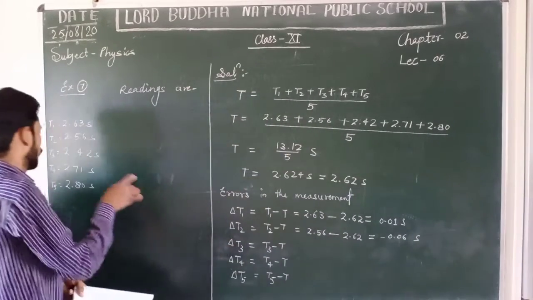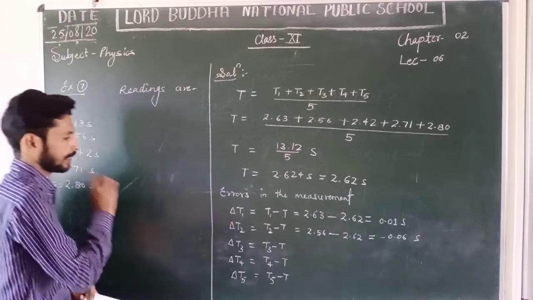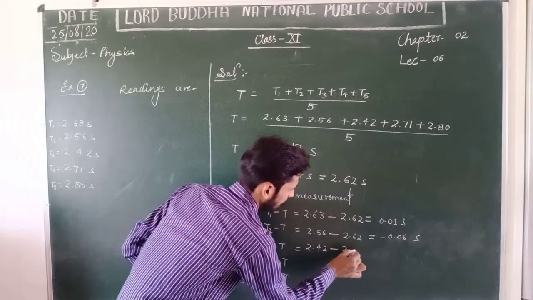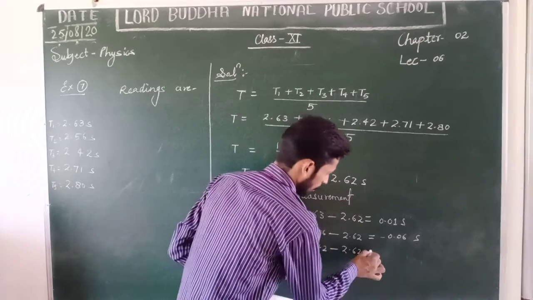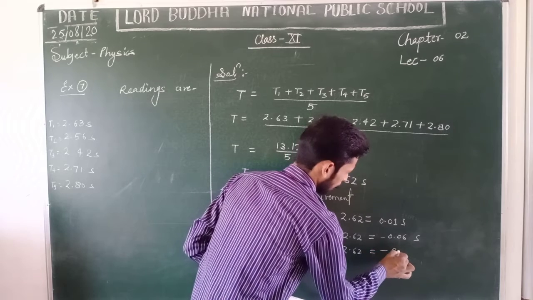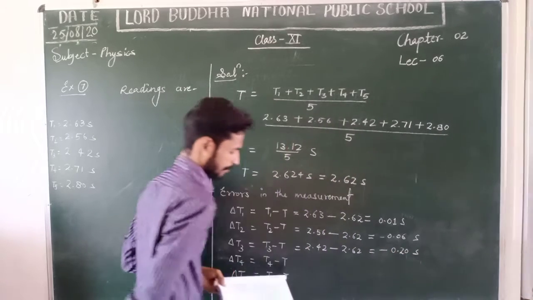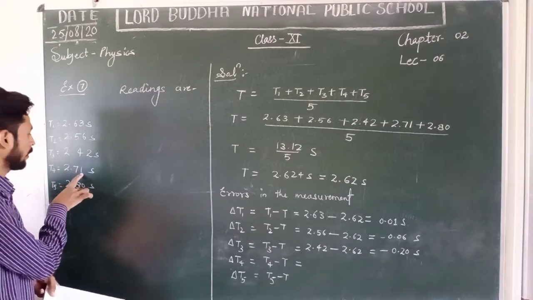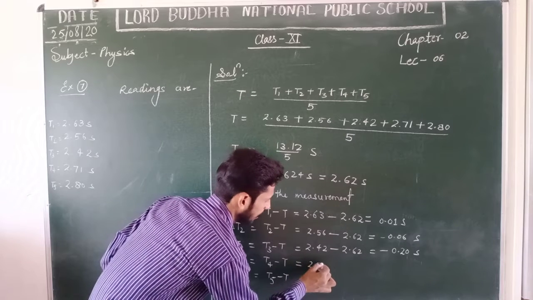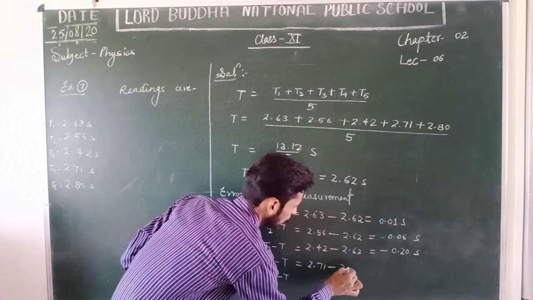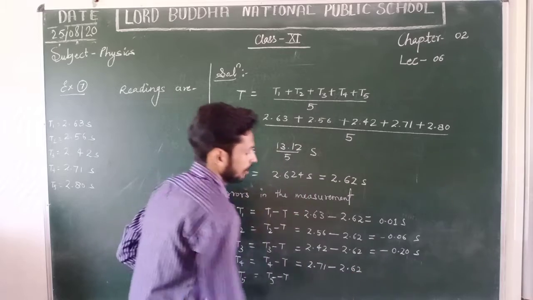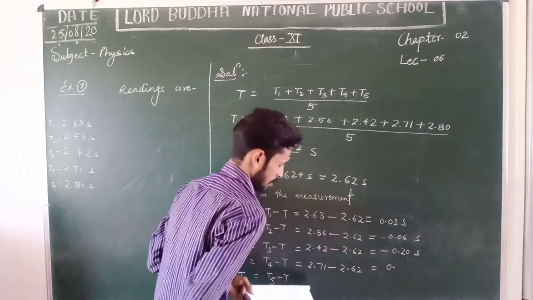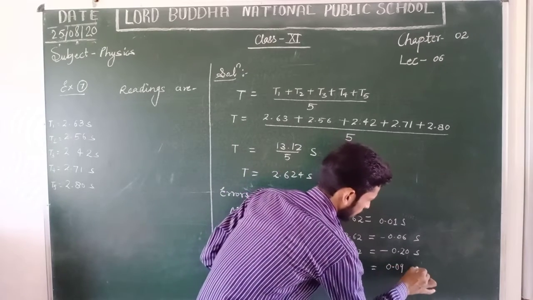And next, T3 is 2.42 second. So 2.42 second minus 2.62 equals minus 0.20 seconds. And fourth, T4 is 2.71, so 2.71 minus 2.62 equals 0.09 second.